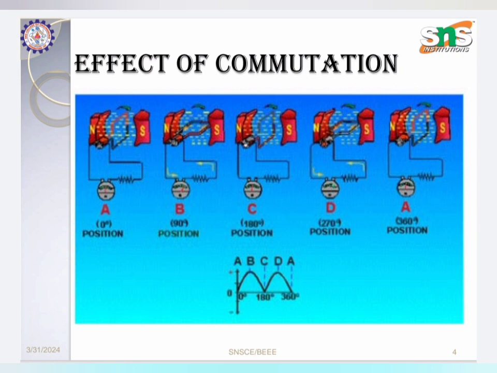This kind of reversal is possible only if the commutator is present in the circuit, and in the absence of any commutator we cannot get unidirectional power, and hence we cannot call it a DC generator. The output is going to be in the form of AC.